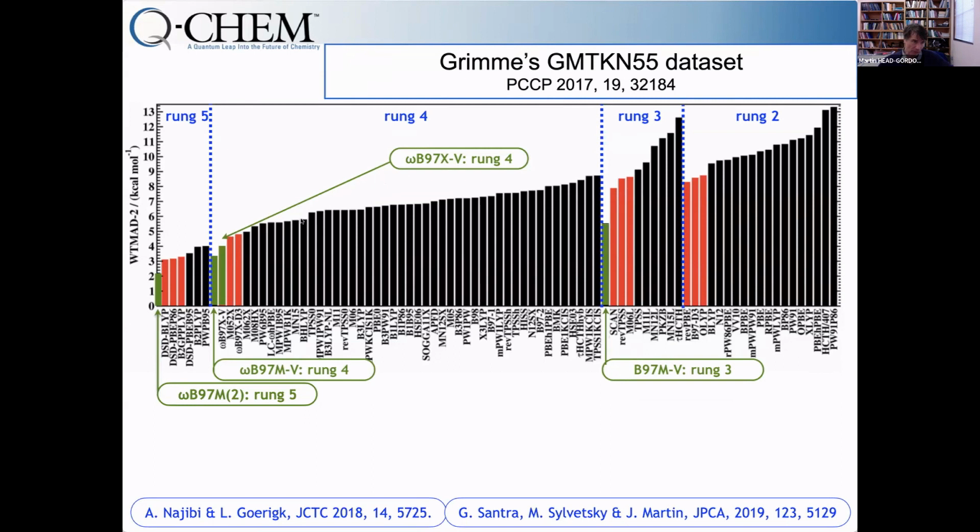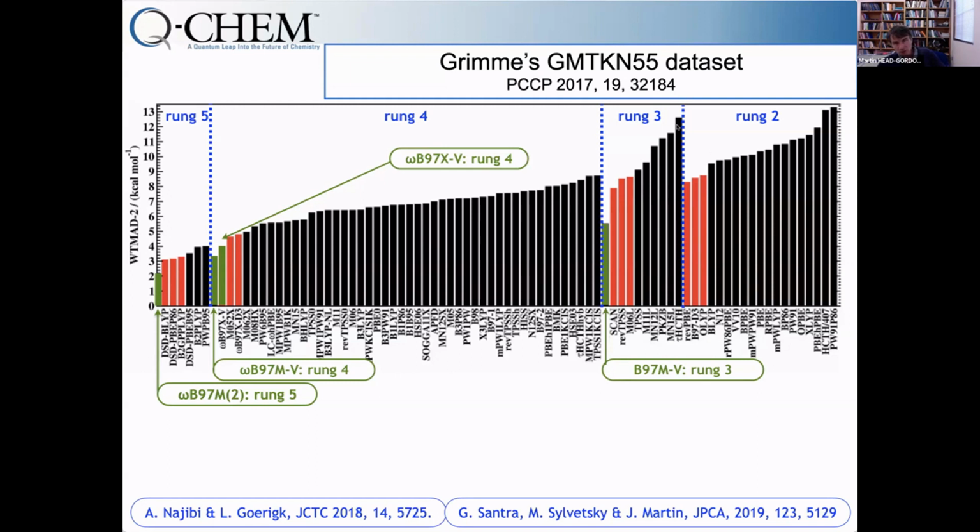In rung 4, similar conclusions. M-V and X-V, the combinatorially designed functionals, slightly but statistically significantly outperform other good hybrid functionals, including earlier omega B97X functionals. And then rung 5, if done well, is the best.